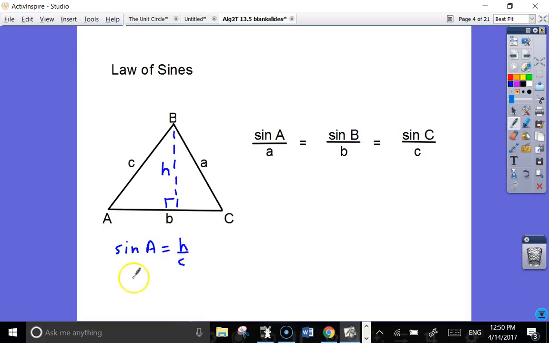That means that H equals c times the sine of A. Okay, well I can do the same thing with angle C. The sine of angle C is going to be H over a.